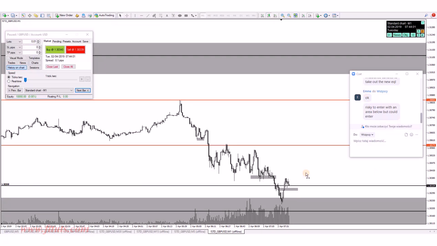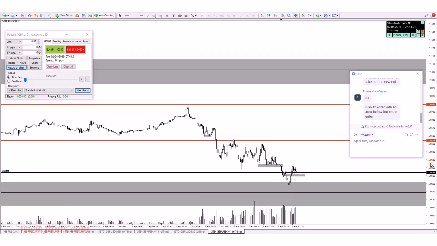Yes, Marcy, I agree that this could be risky, especially that I just marked some zone after the move. This is what I'm doing also almost every day when I have my markups. Like for example today I shared on the announcement channel, and then I see rejection. I always check from the past for the reason of rejection.